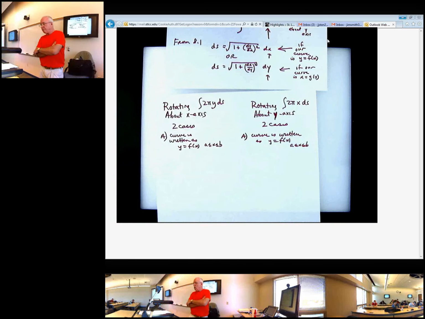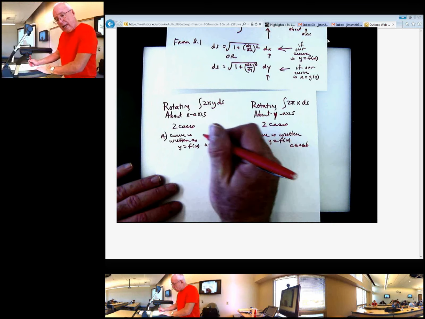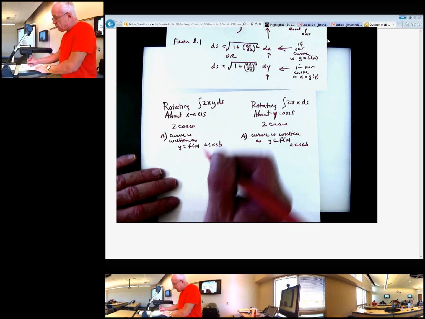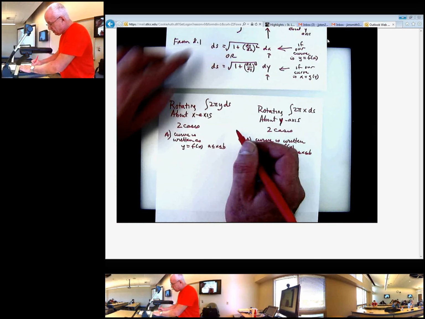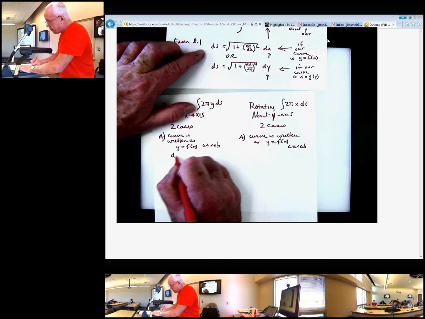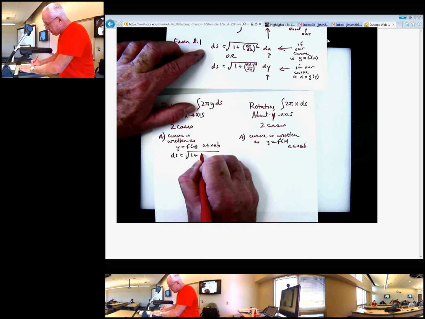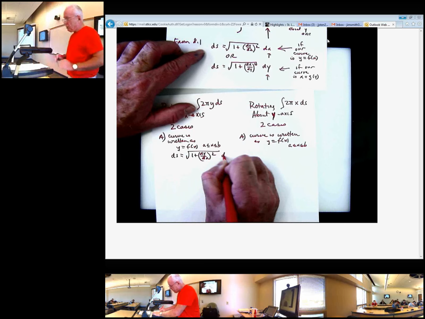Now, with this one, our ds is going to be equal to this format right here: the square root of 1 plus dy dx squared, dx. We're going to want to use that one.